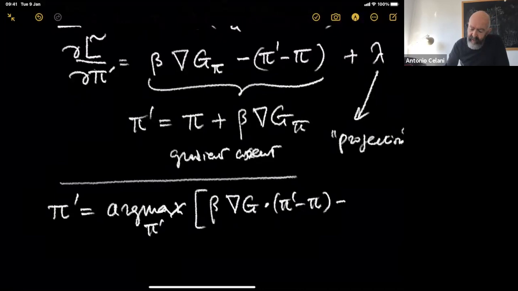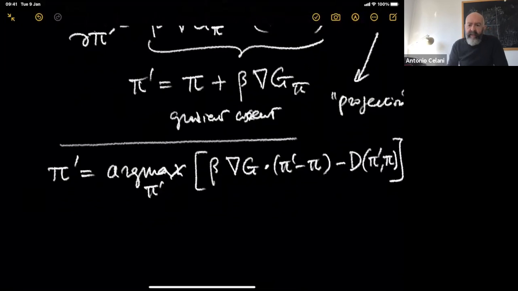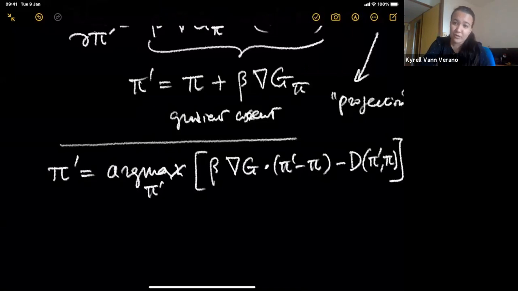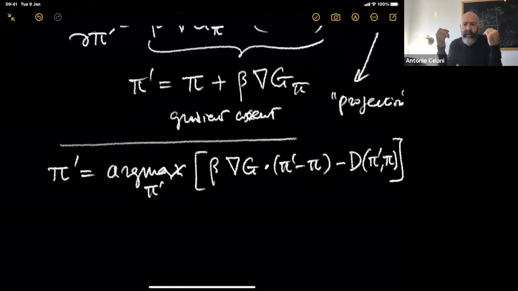And now I'm going to penalize this with some other notion of distance between the two policies. Do you know of any reasonable definition of distance between probabilities that you have encountered so far? If I have two probability distributions, what is a way of measuring how far they are from each other? Exactly, Kullback-Leibler divergence. So we're going to repeat this argument by using Kullback-Leibler divergence.